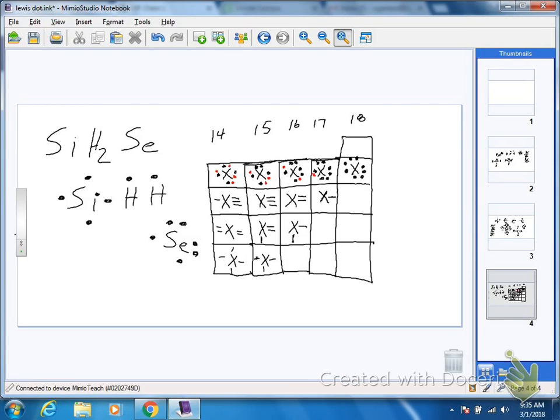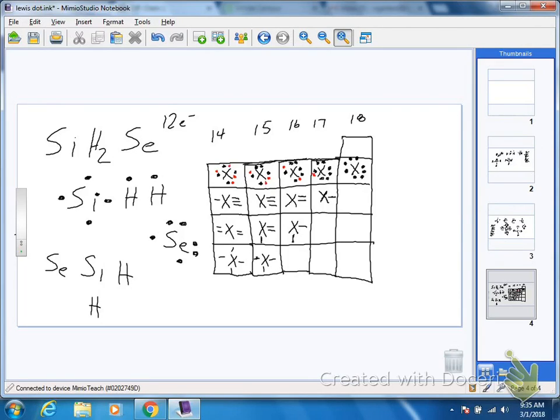I think most of you are pretty quick. You count them, you put them on there, and you've got 12 electrons you have to deal with in total. Then you put Si in the center and surround it with H, H, and Se.